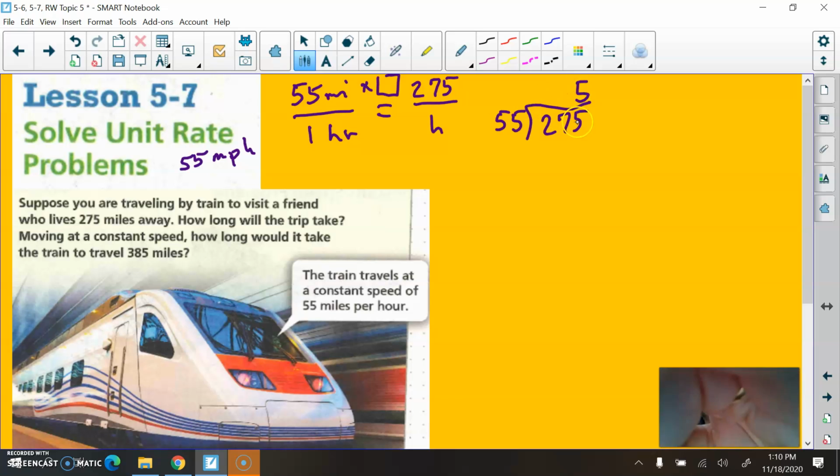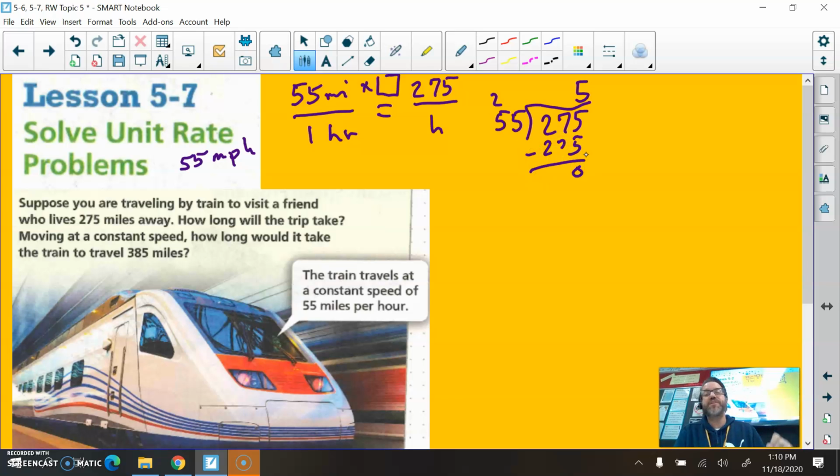Check it out. 5 times 5 is 25. Carry the 2 here. 5 times 5 is 25. Add 2, that's 27. If we subtract, we get a remainder of 0. Isn't that nice? So it's exactly 5 here. 55 miles times 5 would give me 275 miles.